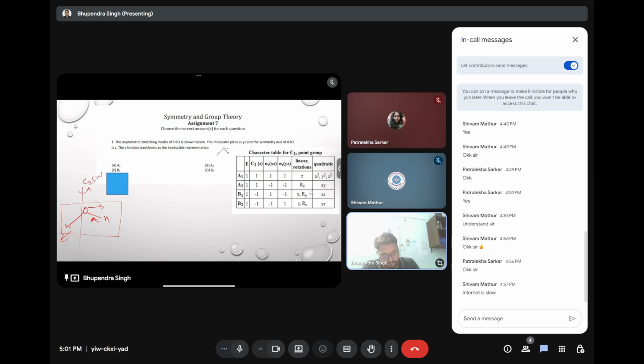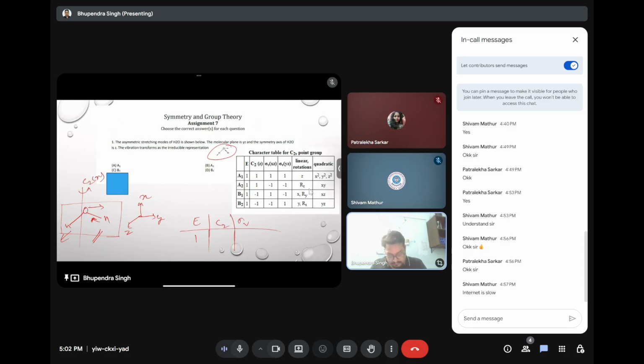C2x. Next, these are your coordinates x, y, and z. So for E, C2, and sigma v, these are your operations. So what will happen? Let's see. For E, it is 1. For this asymmetric stretching, for E it is 1 obviously, and for C2, this is your C2 along x.